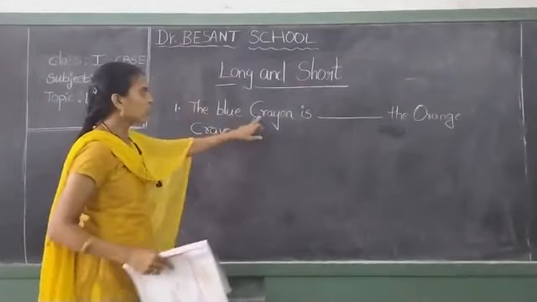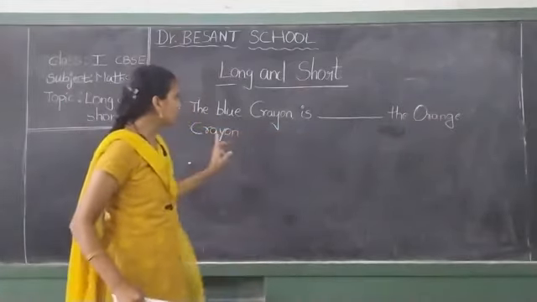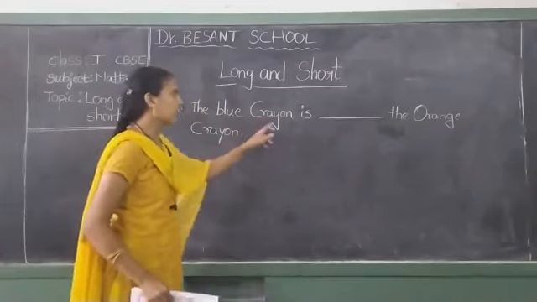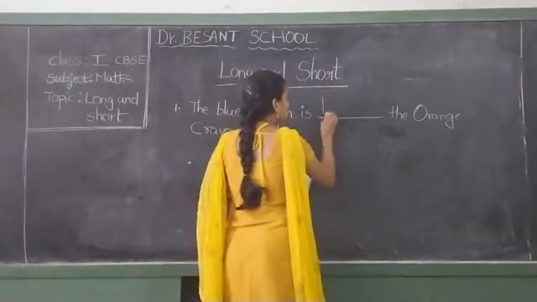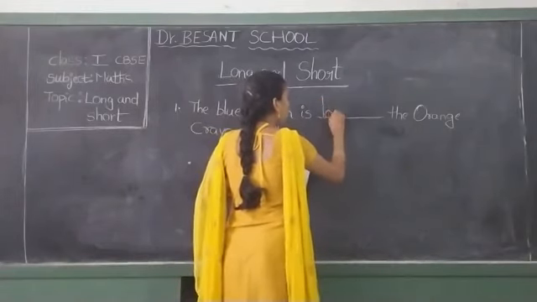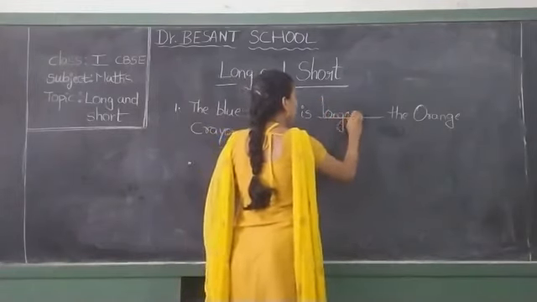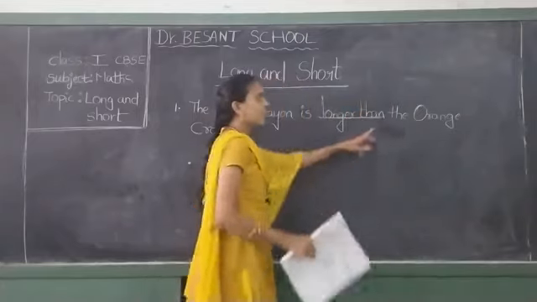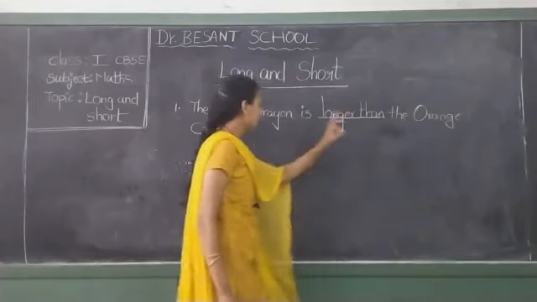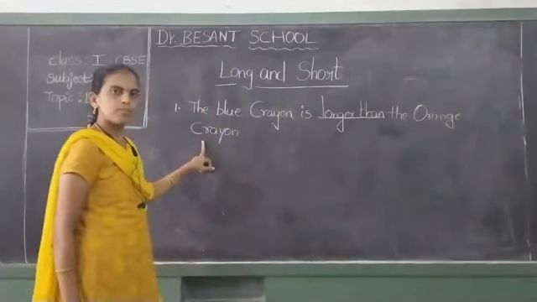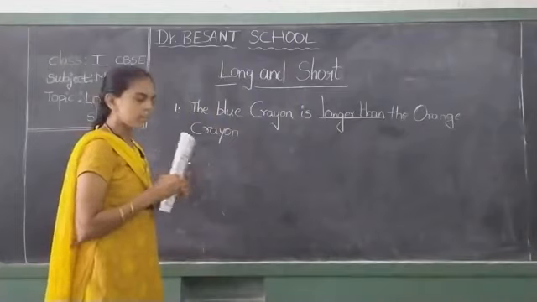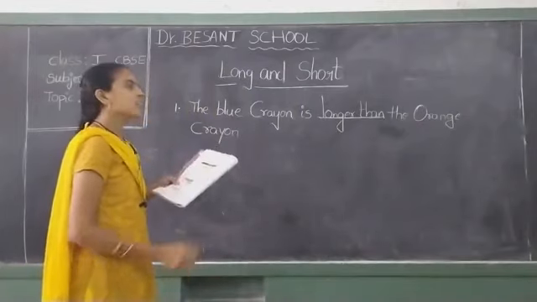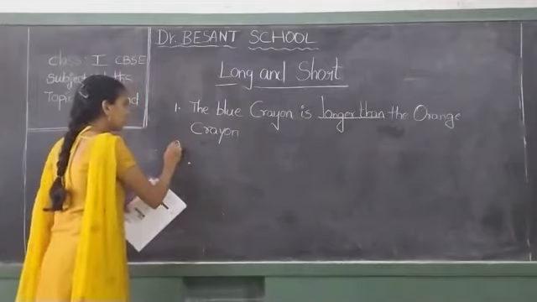He is asking the blue crayon is dash the orange crayon. Longer or shorter? Yes, the blue crayon is longer. Right here, children. Longer than the orange crayon. Understand, children? The blue crayon is longer than the orange crayon.